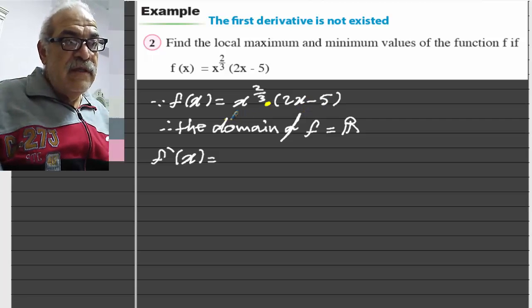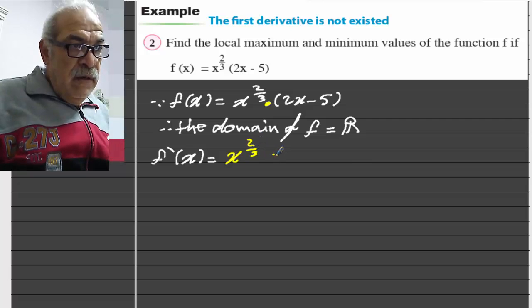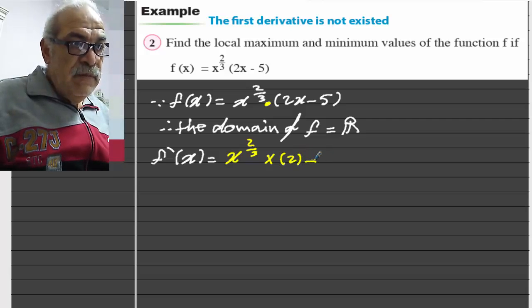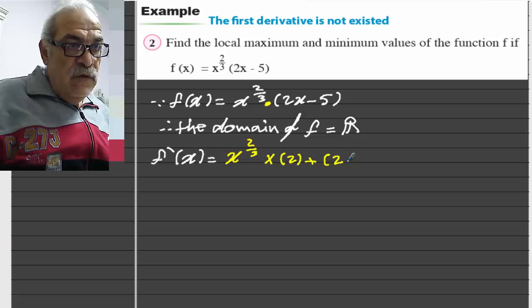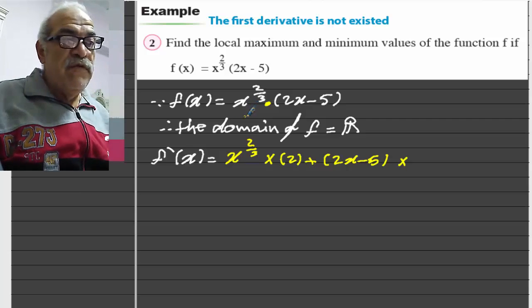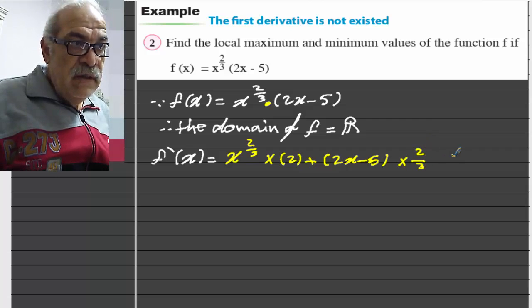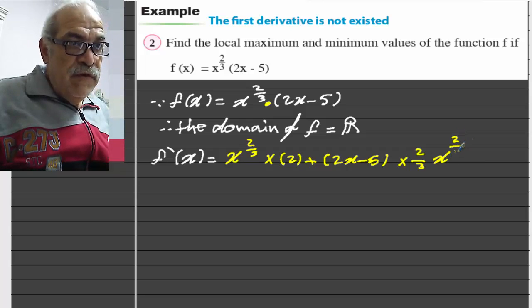So to get the first derivative, we write the first, x power 2 over 3, multiplies the derivative of the second, which equals 2, plus the second, 2x minus 5, multiplies the derivative of the first function. The derivative of x power 2 over 3 is 2 over 3 multiply x power 2 over 3 minus 1.